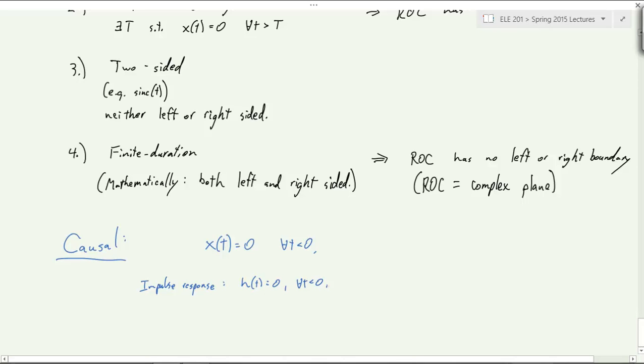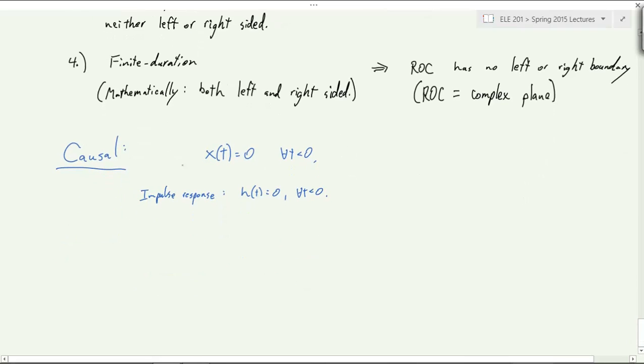That way we can say a system is causal if the impulse response is causal, just to give them the same definition. So this implies right-sided. A causal system has a right-sided impulse response.